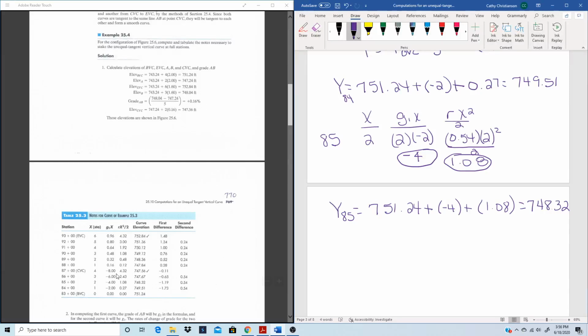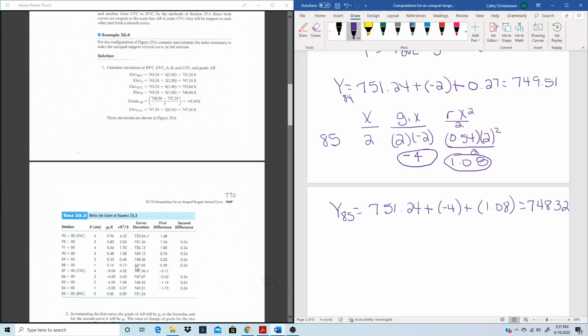Alright, so once you get to there, then we're going to pick up and start with our second curve. Remember, it's 600 feet. So we're going to go to the nearest 100-foot stations. From 87 to 88 would be 1. So we have 1, 2, 3, 4, 5, 6.